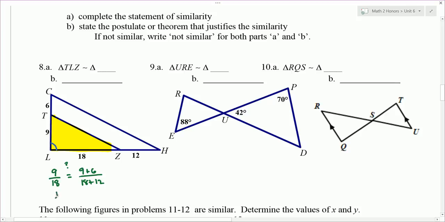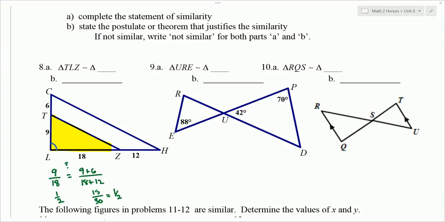The first fraction is 1/2. The second fraction, we get 15 over 30, which is 1/2. So we got proportionality.